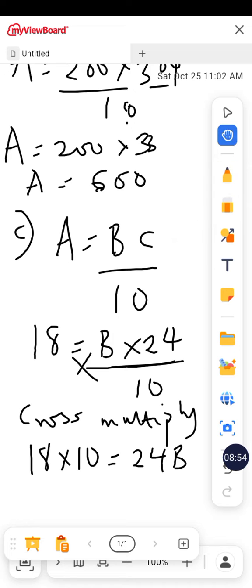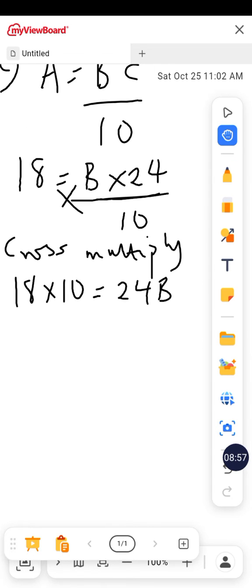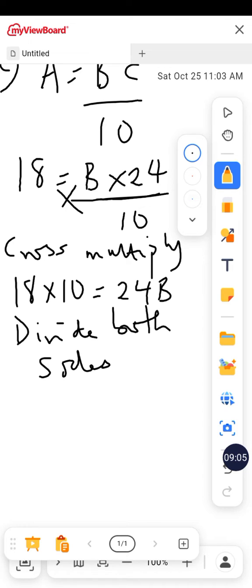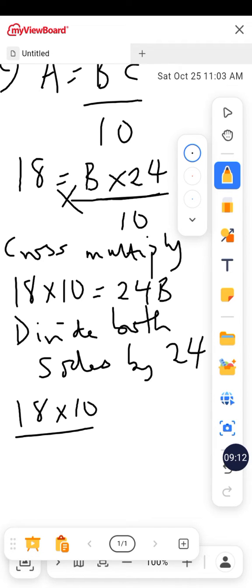So I'm looking for B. 24 is the stubborn one. I will divide both sides by 24. So that I have 18 multiplied by 10 over 24 equals 24 times B over 24.